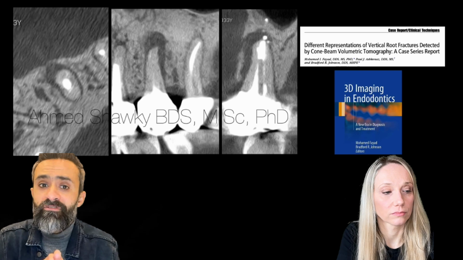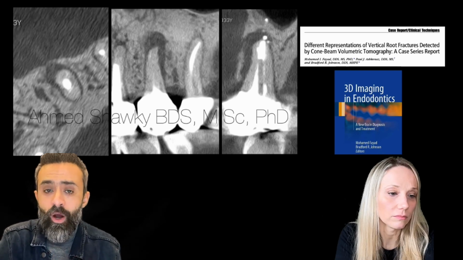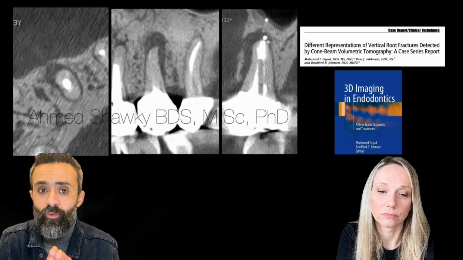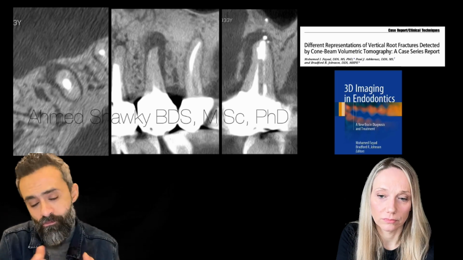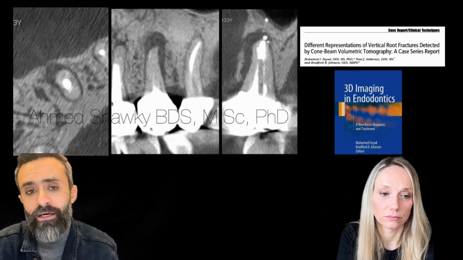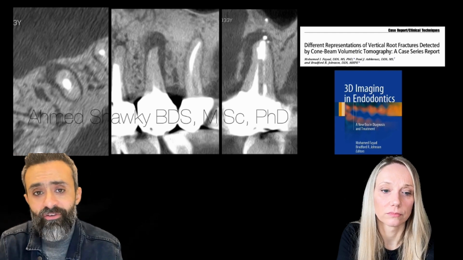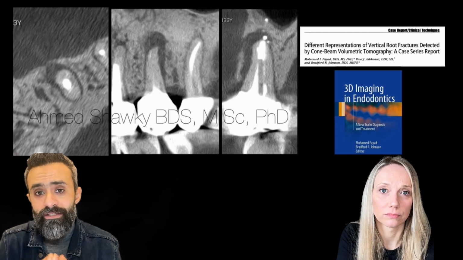Also, if we have a thinned cortical plate, widening of the periodontal ligament space in all aspects on one side of the root, mostly on the buccal side, that is also highly suggestive. And the last one is very interesting.